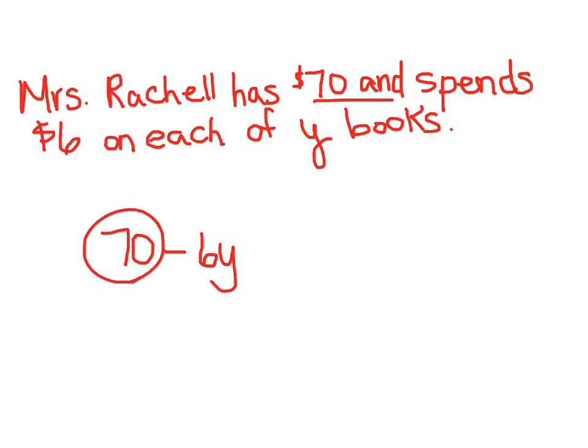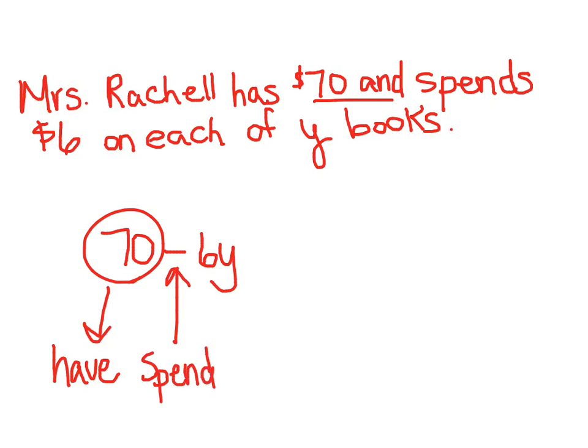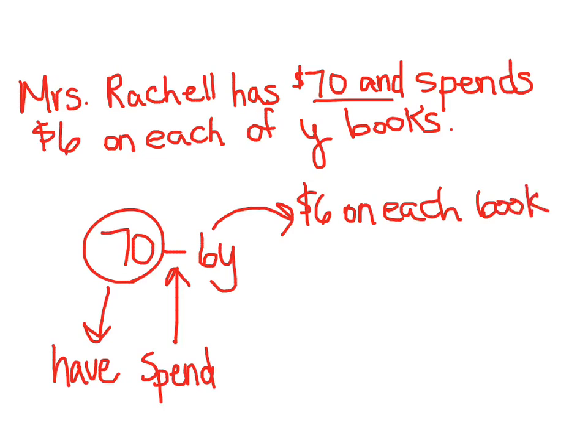So 70 is what I have. We're taking away, so I'm spending, and then $6 on each book. And the Y is the number of books, because that's the unknown.